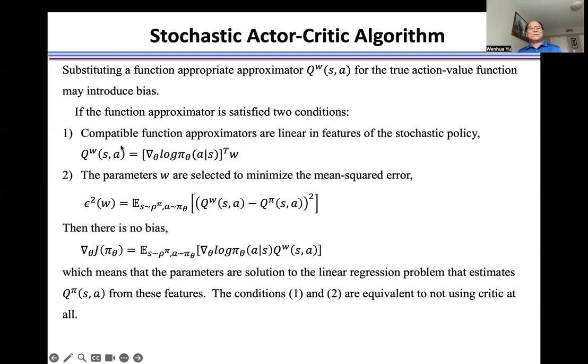However, if the Q_w we select satisfies the two conditions, it seems like we don't have a critic part at all, just like the REINFORCE method.